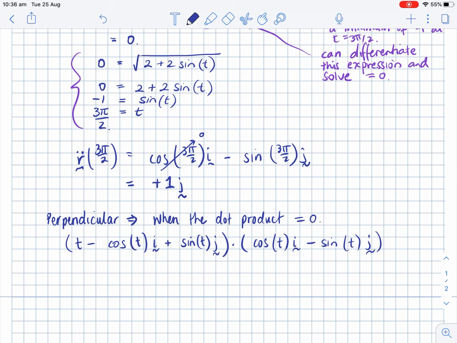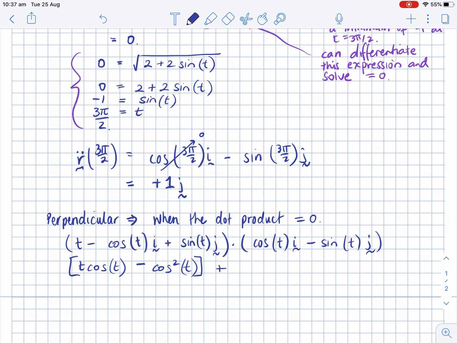And then when we do the dot product, remember we multiply the i components. So we need t cos t minus cos squared t. So they're my i components.